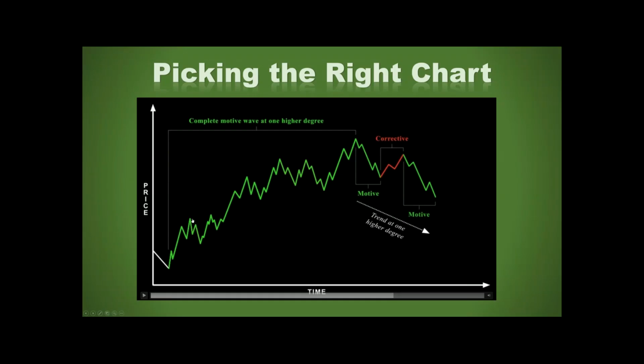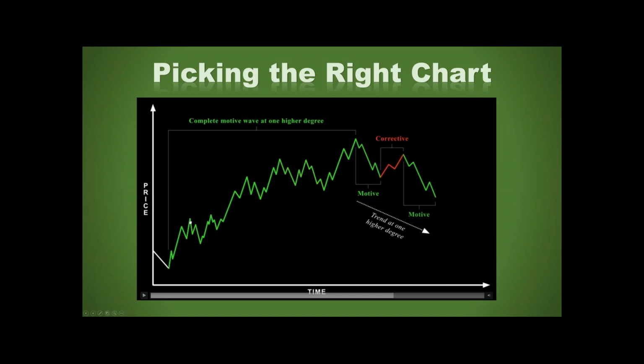Imagine that the labels 1, 2, 3, 4, and 5 are on the chart, and you're asking, can a corrective wave go beyond C?